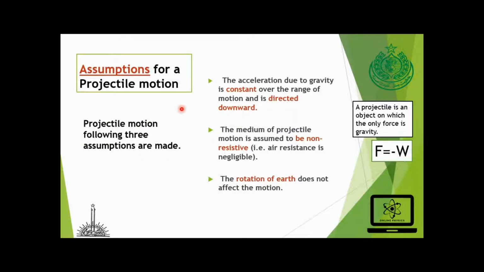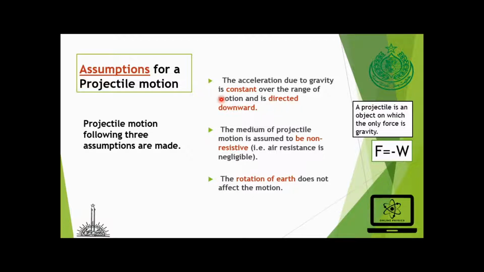Okay, assumptions for projectile motion. The acceleration due to gravity is constant over the range of motion and is directed downward. In the previous slide, we have seen that the object in projectile motion is moving downward with constant acceleration.